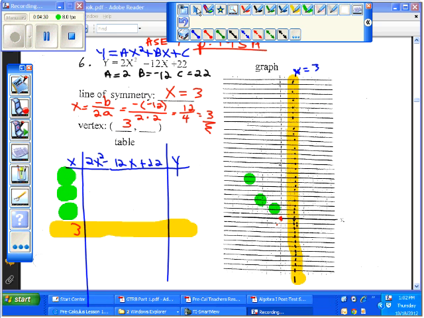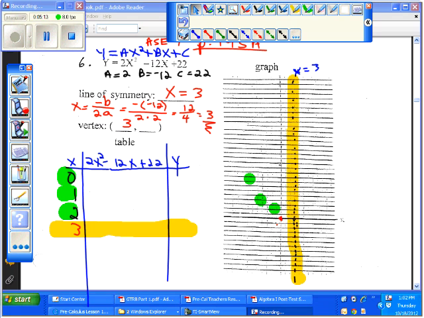And then what we're trying to do from there is choose 3 left wing points, which means we need 3 things that are less than 3, to the left of the 3. Well, if we take the first 3 things to the left of 3, it would be 2, 1, 0. And so we're going to choose 2, 1, 0, because that's the first 3 things to the left of my line of symmetry. We're trying to create 3 left wing points.